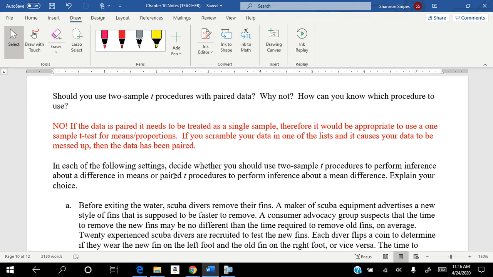Paired data would be, let's say, if we were together and we were going to do pool noodle javelin, this would be where my pool noodle javelin activity would come in. And the idea would be, do you throw a pool noodle further with your dominant hand versus your non-dominant hand? So if you're right-handed, the assumption would be that you would throw further with your right hand than you would with your left hand, and vice versa if you were left-handed.